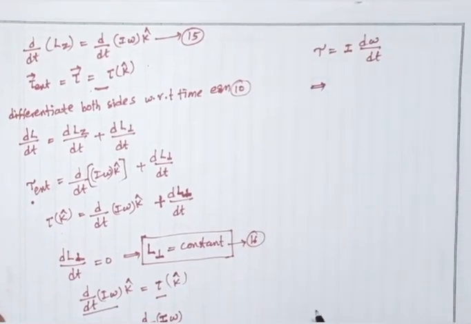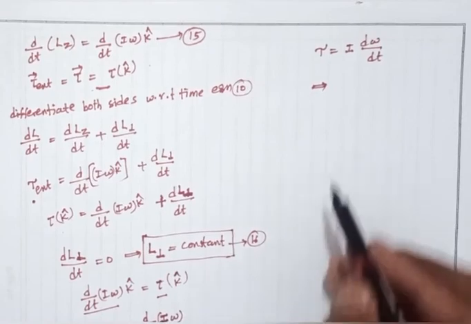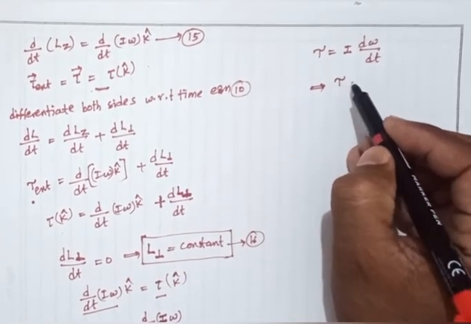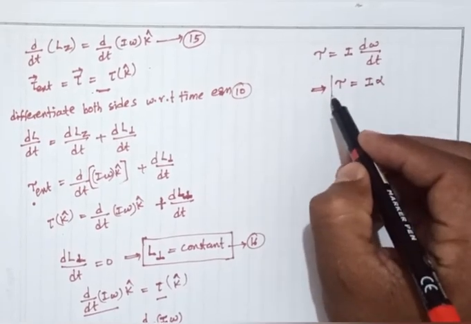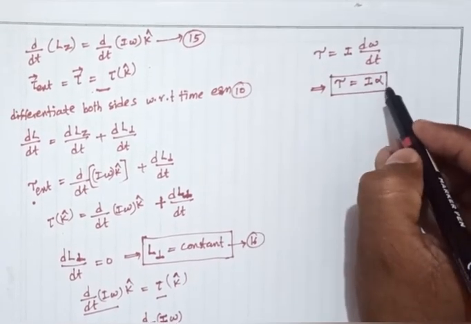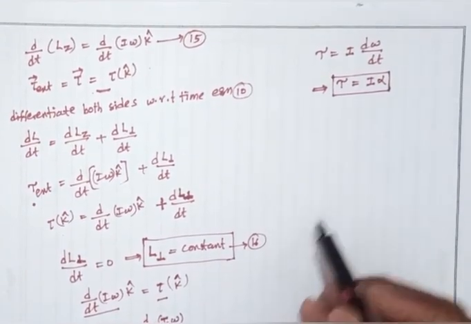So the total moment of force on a rigid body, tau equals I alpha. We already derived this equation before this topic.